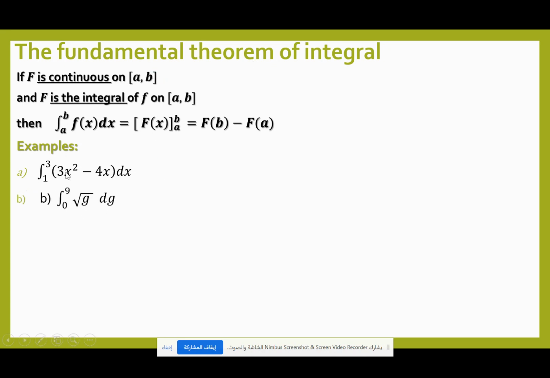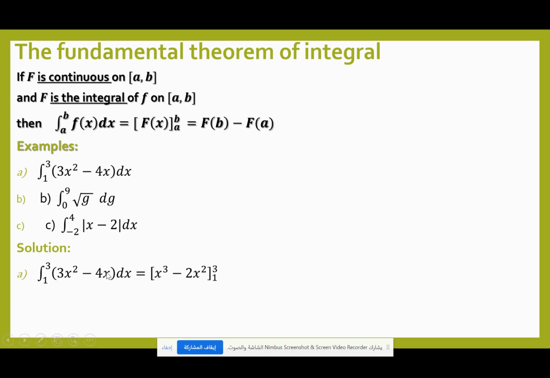We are going to add the power and divide by the result. After we write all the questions, we can start solving. Solution for the first, watch it. It was x squared. By adding 1 to the power, you will get x cubed. By dividing x cubed by 3, you can cancel that 3 with the 3 that you write, to get x cubed alone. So you add 1, divide by the result, then cancel if there is something to be canceled.